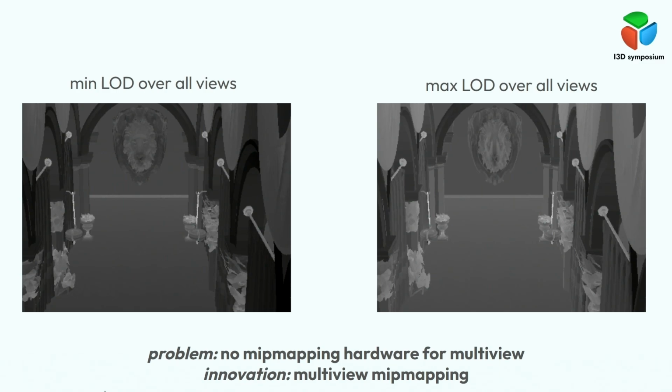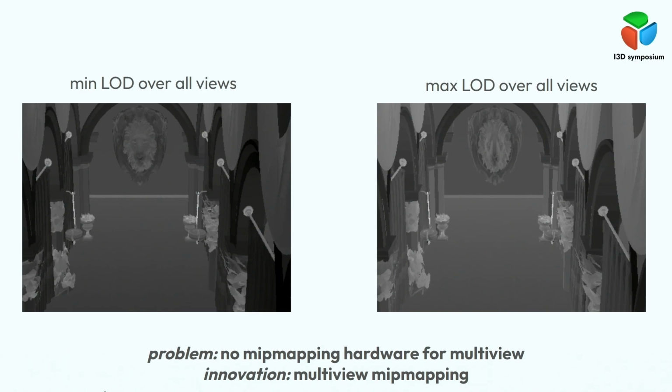Essentially, at a very high level, what we do is, as we're setting up each triangle for sampling and turning it into points, we determine the highest and lowest rate at which any texture out there will sample it. And that gives us overall views. You can see on the left here a kind of LOD map for a minimum one, and then on the right, we have a maximal one.